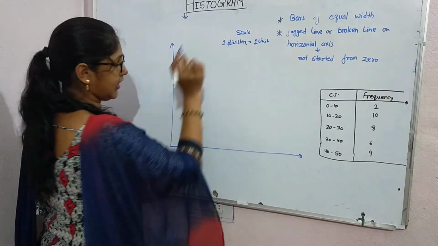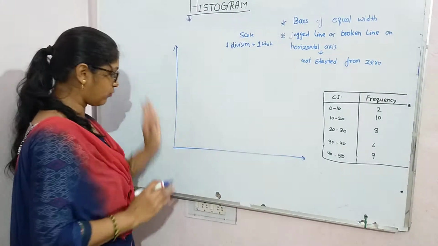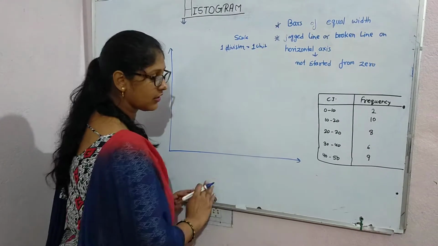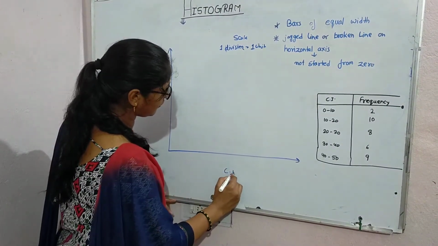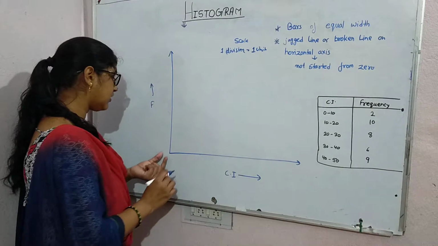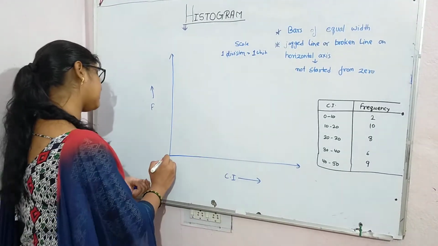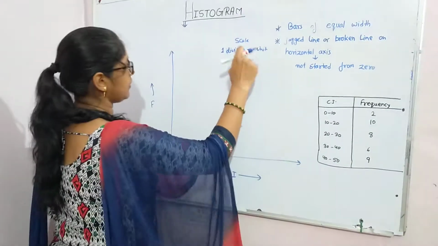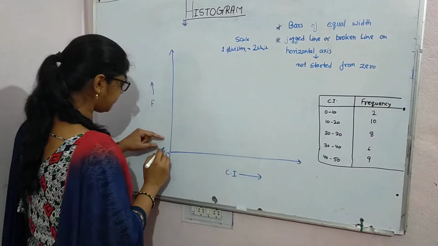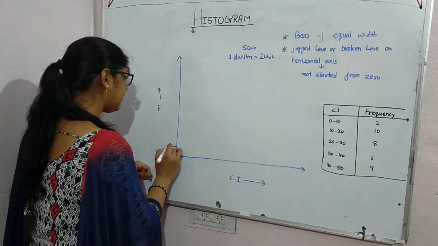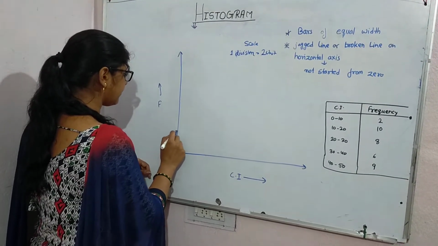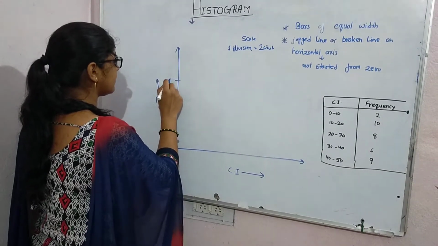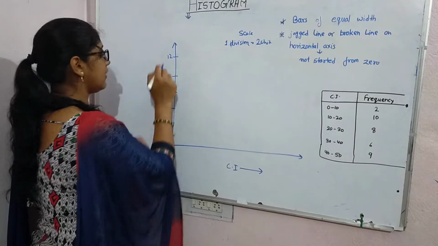It is my scale. Now this is my vertical line, so we represent here frequency, and this is the horizontal line, so we represent here our class interval. Now the point at which both the lines meet is considered as 0. We choose one division is equal to 2 unit. Then we divide all the vertical line with 2 unit: 2, 4, 6, 8, 10 and 12.